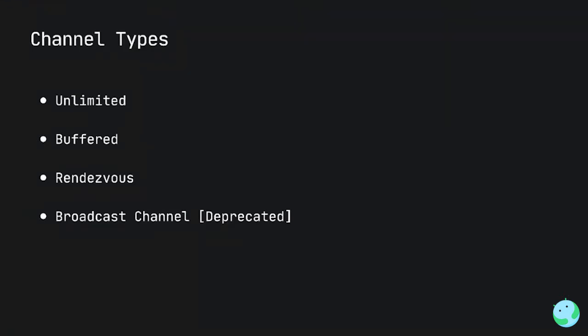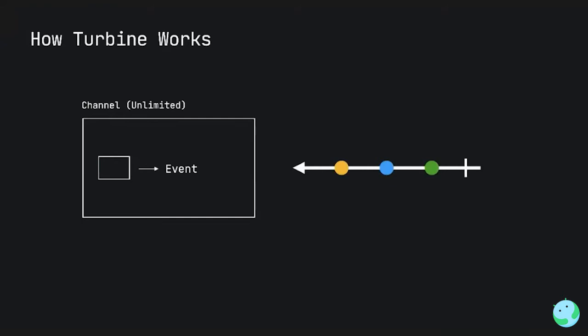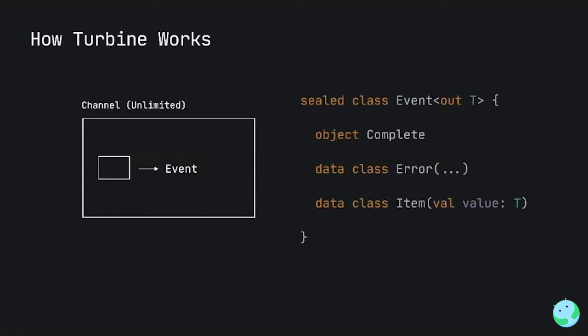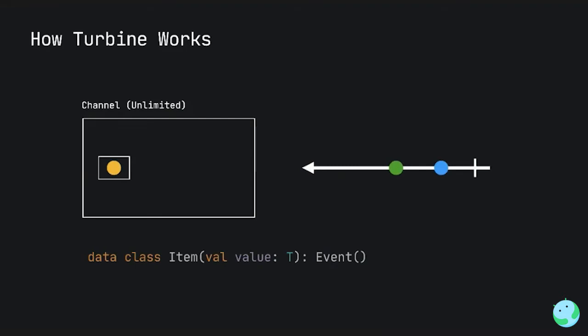So in an unlimited channel, it reads from your flow and stores each emission as an event in the channel. These are the events that are stored in this channel: that something was emitted, or there was an error, or it completed emitting everything. When it emits some item, it will store an event of some item and encapsulate whatever was sent.